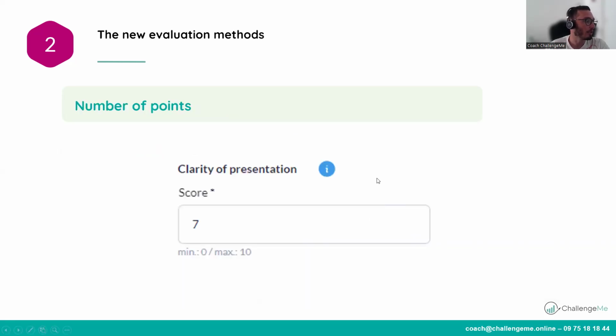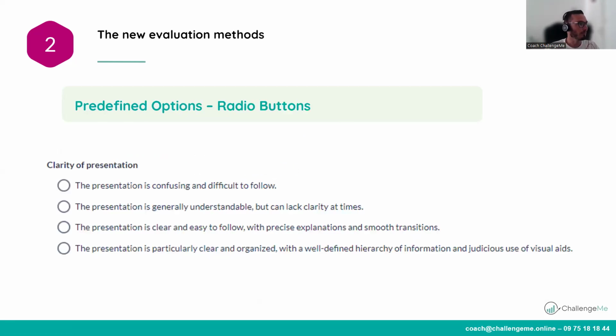We now have the possibility to let the students give a certain amount of points. So you can define the max points for a criterion, and the students will be able to define the number of points they want. And we have the predefined options.